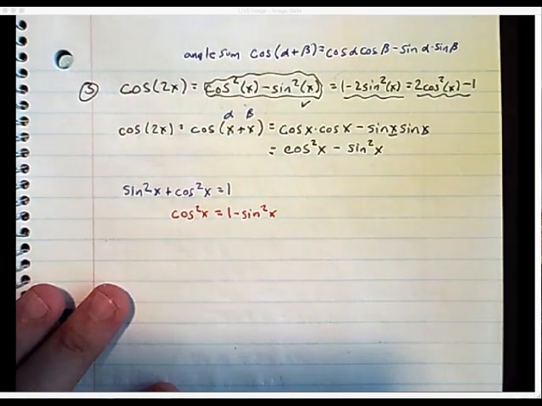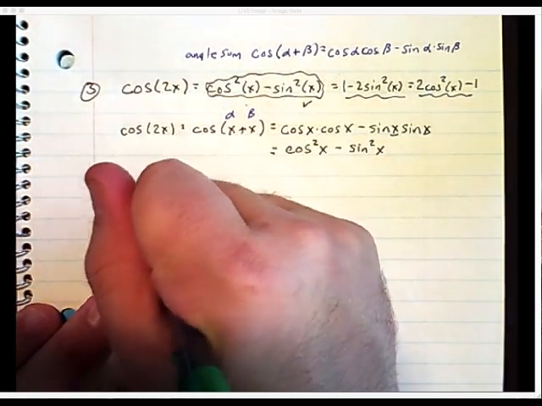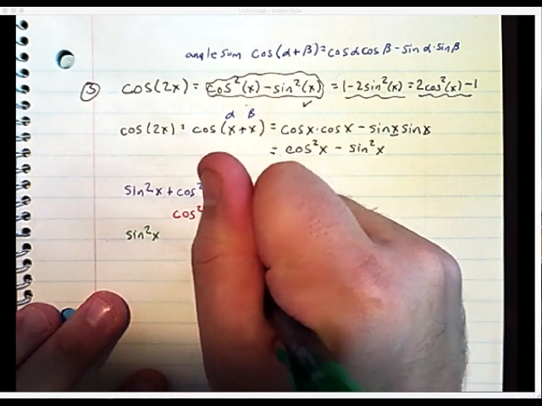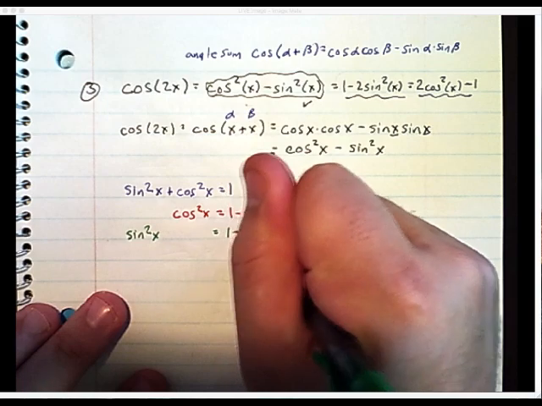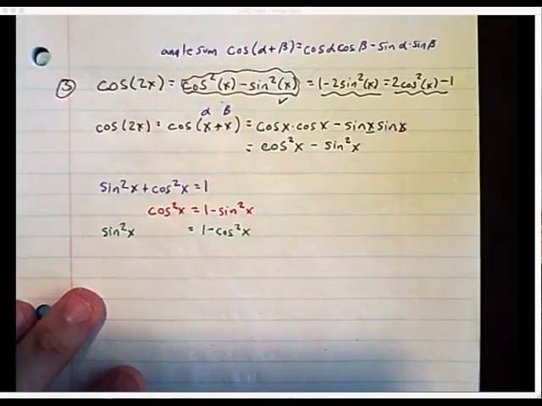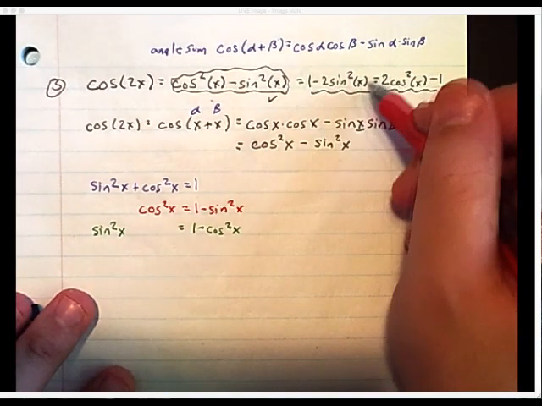Or if I wanted to figure out what sine squared was, I could just subtract cosine squared from both sides.